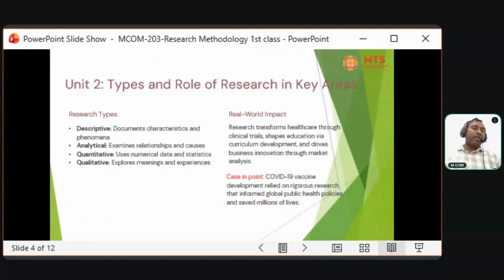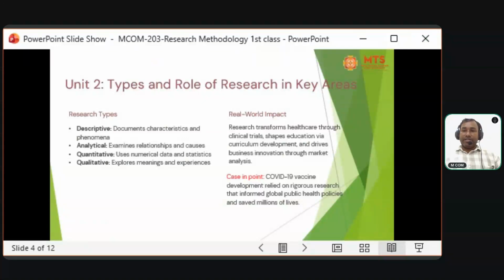Basic research is conducted to increase knowledge, not immediately applied in practice. Applied research is conducted to solve practical problems. Descriptive, as I've already said, describes the characteristics of a population or phenomena. These are the types of research.